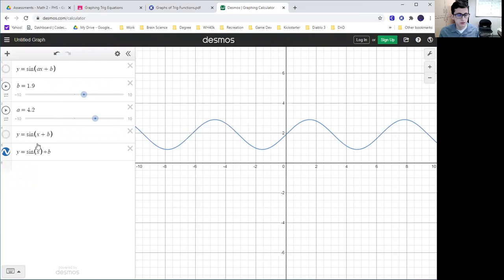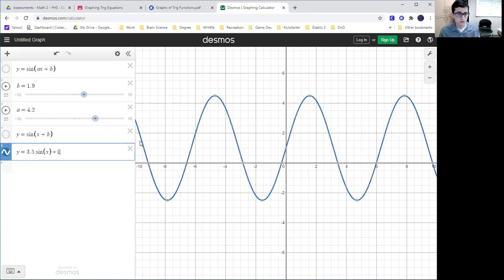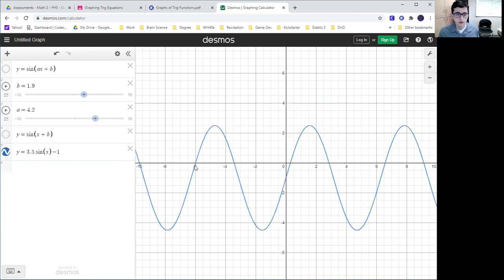Yes. So let me give you an example of just that. So let's say that we had 3.5x and plus 1. Oops, minus 1. Right? So because I vertically shifted it down, the center of this graph is no longer at the x-axis.